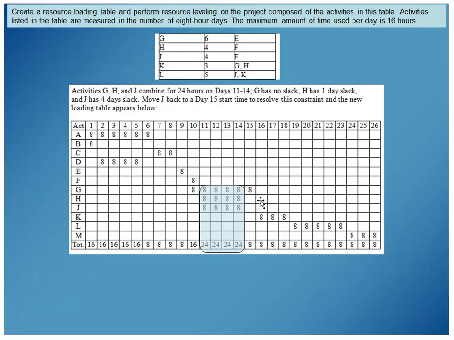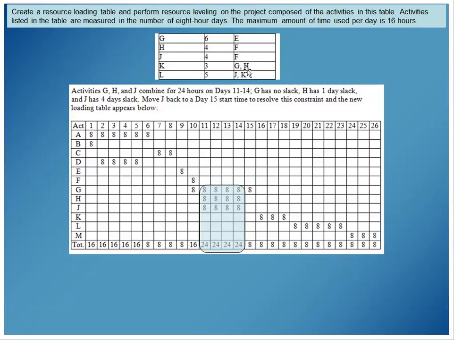G has no slack because, and I actually put the date up here in the chart this time, K depends on G, and K right now is beginning at 16 and G is finishing at 15, so there's no slack in G. H has 1 day of slack. H is a predecessor for K, and again K is at 16 and H is finishing at 14, so there's 1 day of slack on H, but then I start running into another problem.